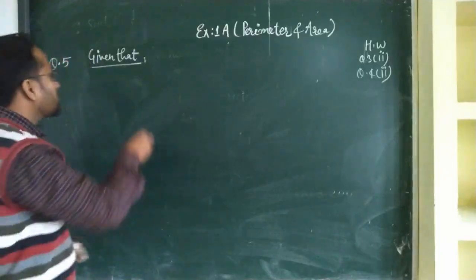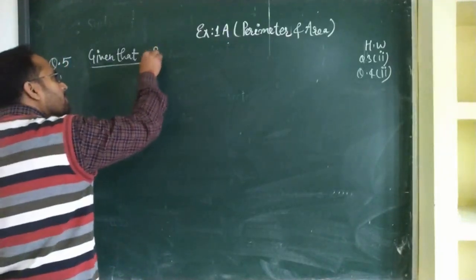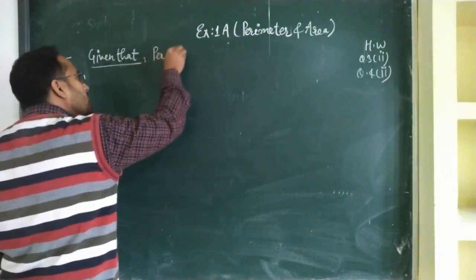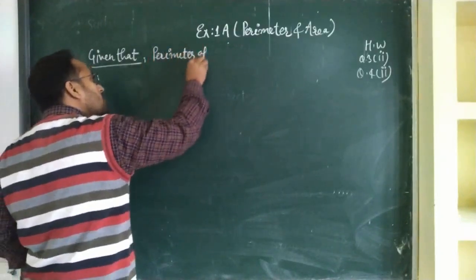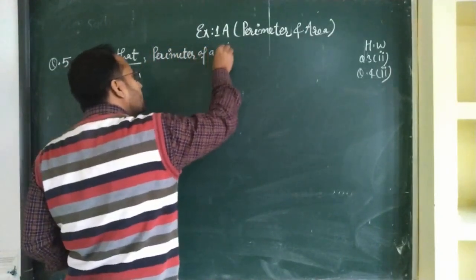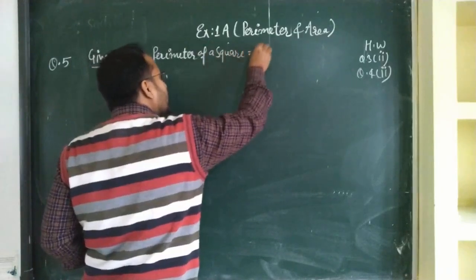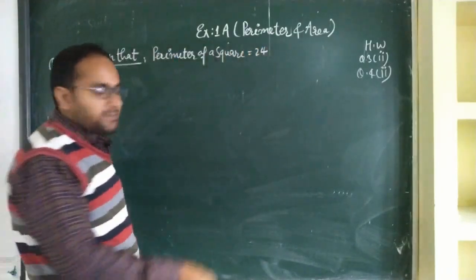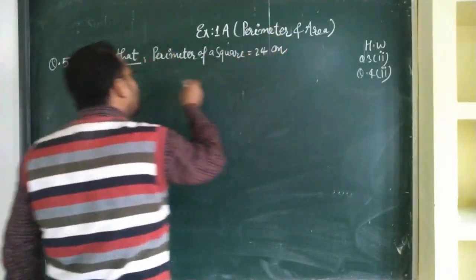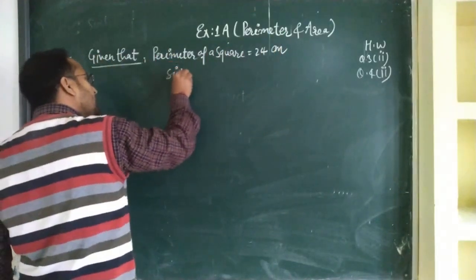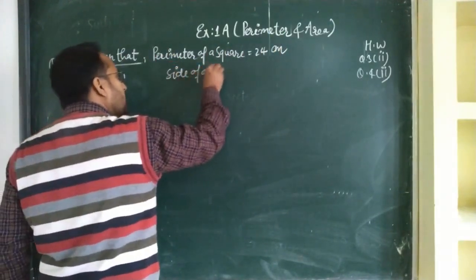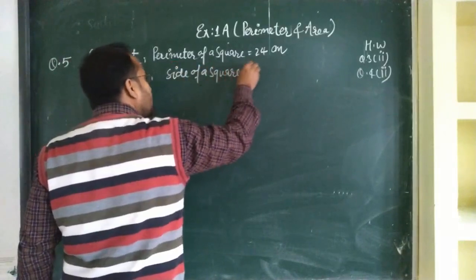The perimeter of a square is equal to 25 centimeter. So find the side of the square. Our aim is to find this one.